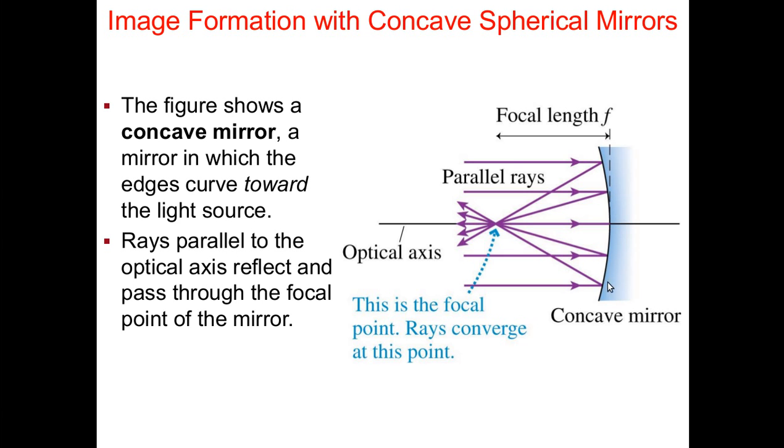So this is curved, right? But if we continued this surface, we can make it a circle. So this is a curved mirror, but it's shaped like a portion of a circle, and it would travel around like this and make a large circle, and then the center would be somewhere here.